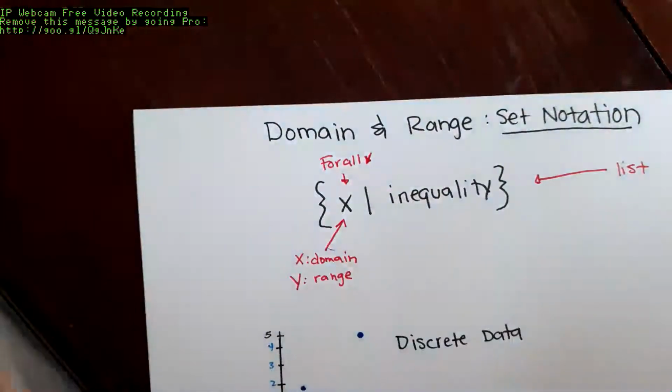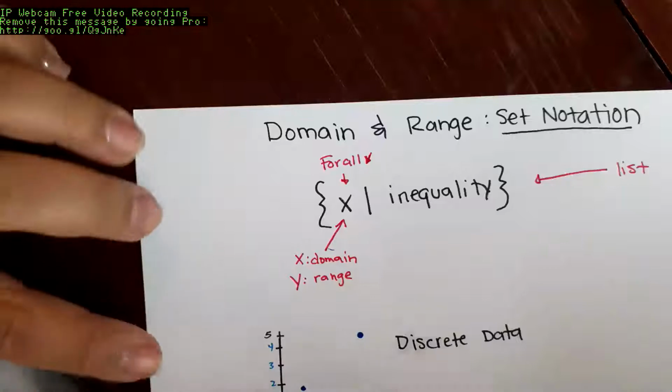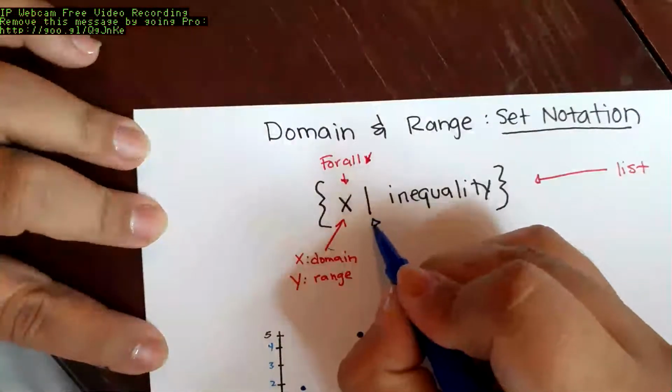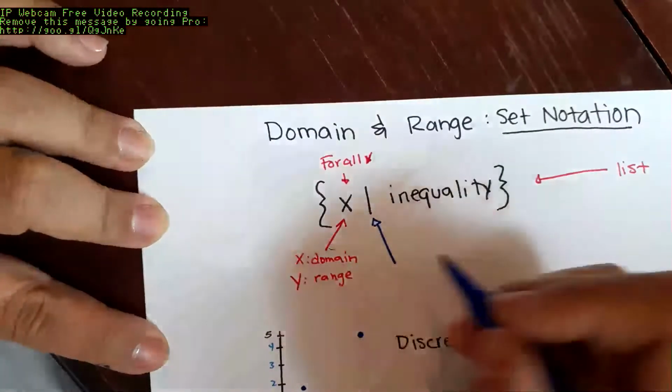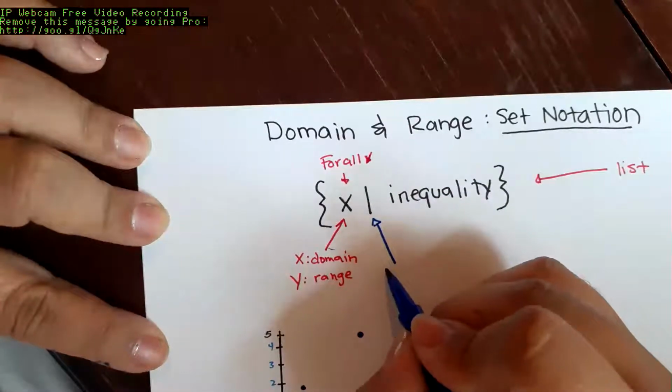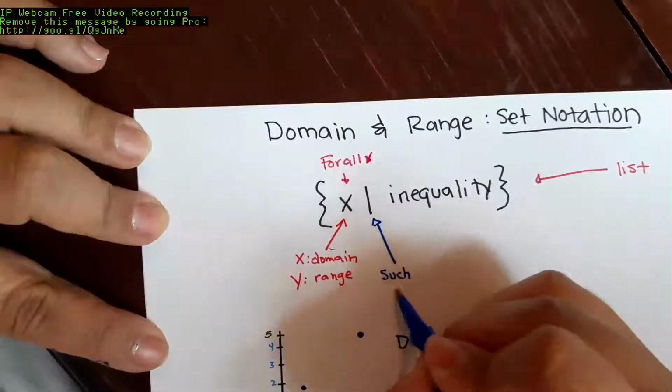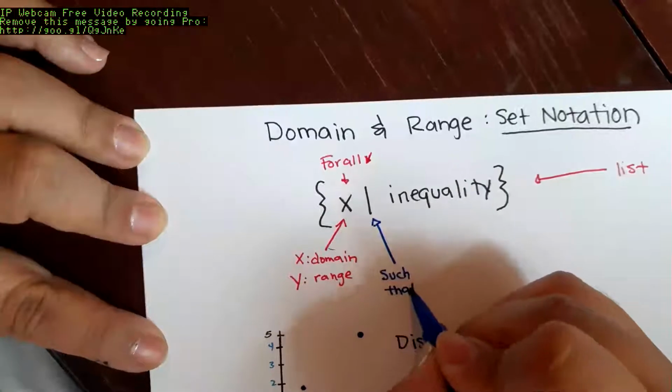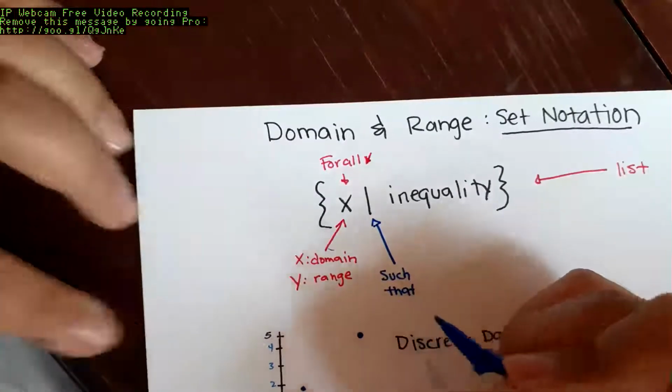The line that comes after it, I don't know if you've ever heard that math has its own language. Well, it has its own symbols too. So this line is another way of saying "such that."